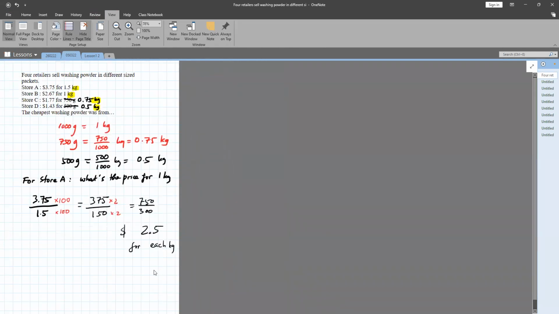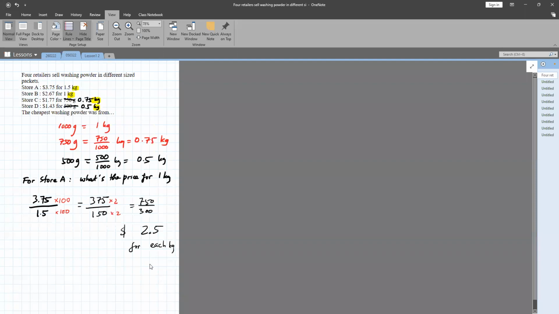In this case, we are trying to get the price for each kilogram. And if you look at what store A has here, the price at the moment is 3.75 for 1.5 kilograms. So what is it in 1 kilogram? And this is what you do. You divide. So actually the price in store A for that washing powder is $2.5 for each kilogram.